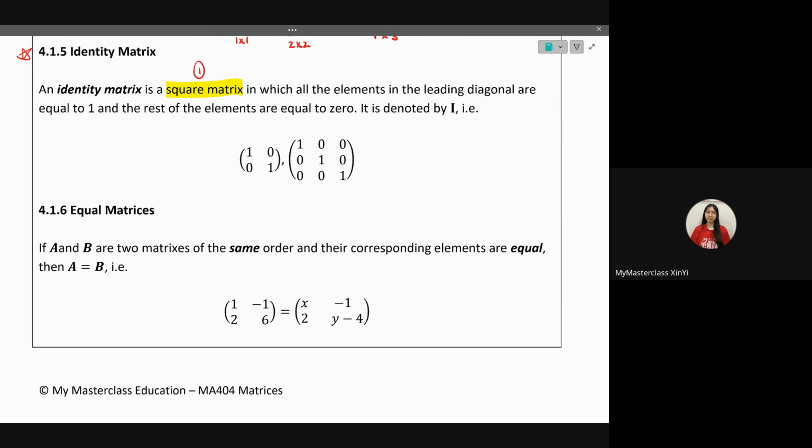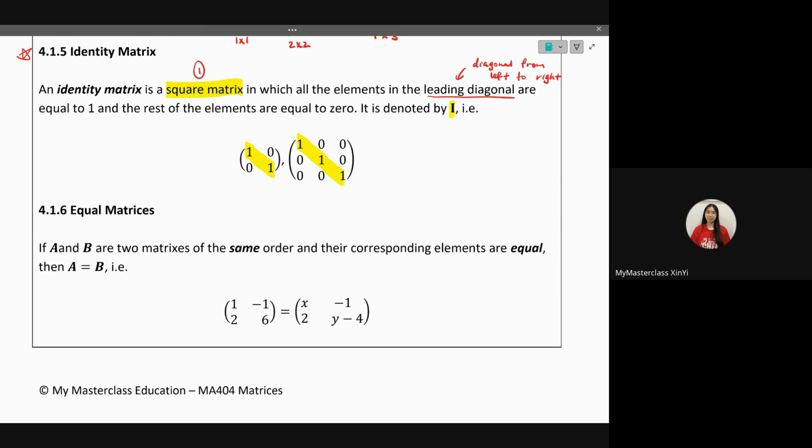All the elements in the leading diagonal, which means the diagonal from left to right, and these leading diagonal entries should be equal to 1. You see over here and over here. While the rest of the elements should be equal to 0. We usually denote it by a bolded I.